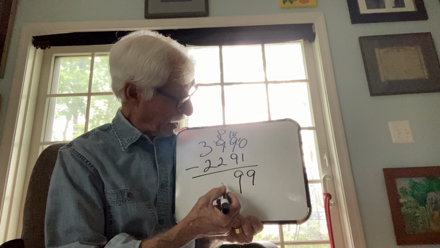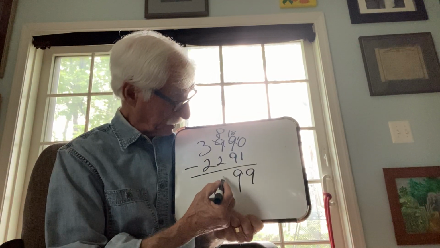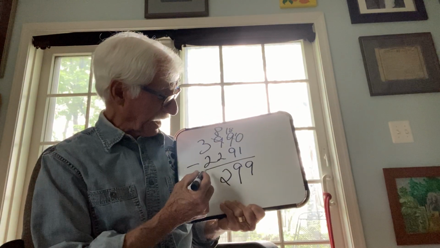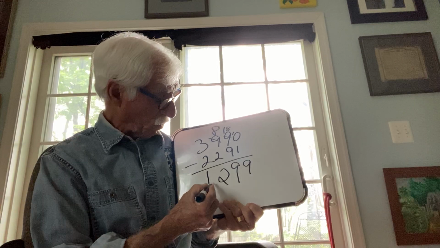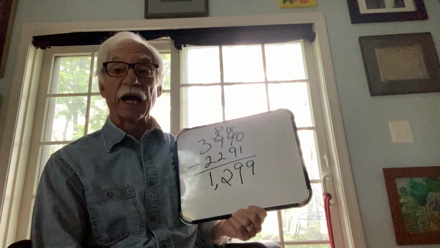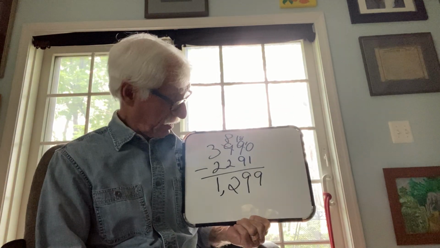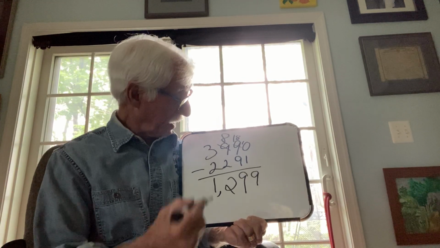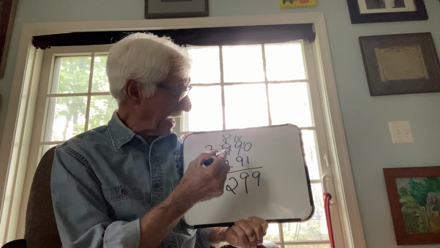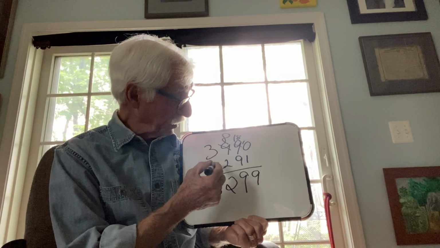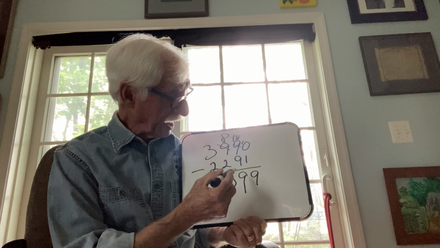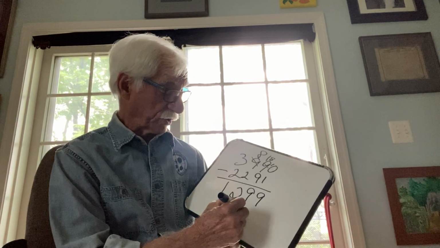8 hundreds take away 2 hundreds leaves me 6 hundreds. 3 units in 1,000, take away 2 units in 1,000, leaves me 1 unit in thousands. And I got to have my mailbox because I went to the thousands family. So 3,990, take away 2,291 Montessori schools, leaves me 1,699 schools.